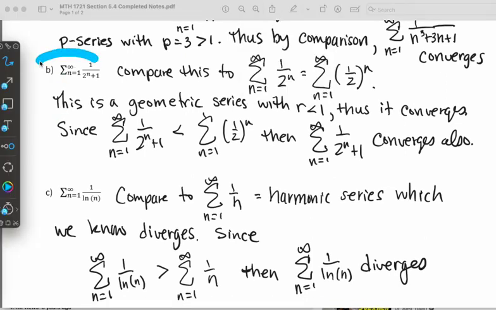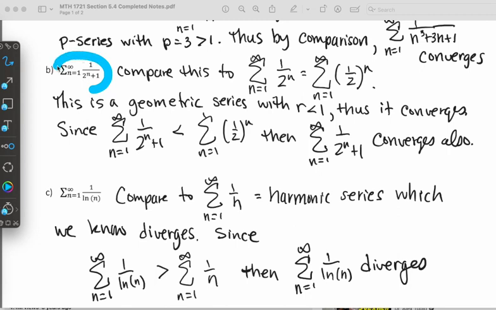Okay, looking at this next example, I am going to compare it to 1 over 2 to the n, because this is a geometric series and we're familiar with those when they converge and when they diverge.